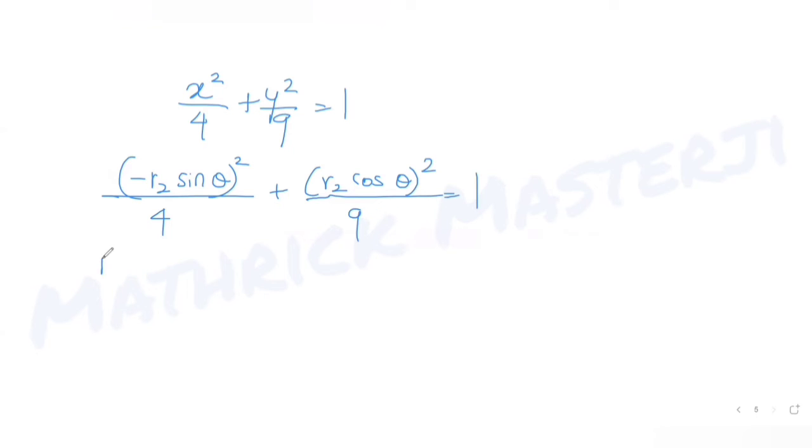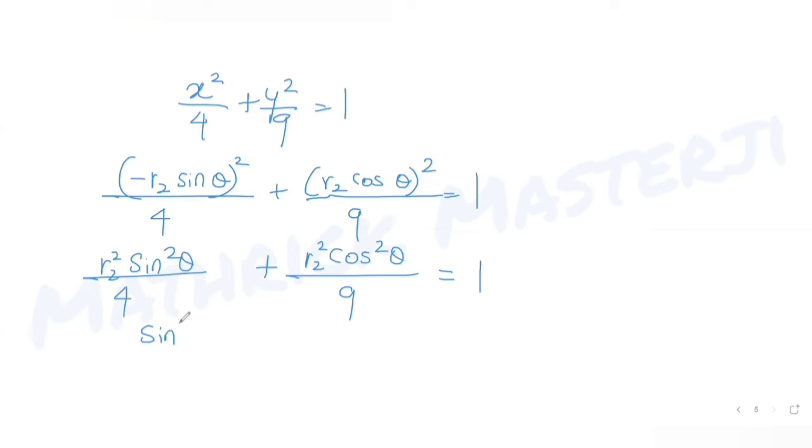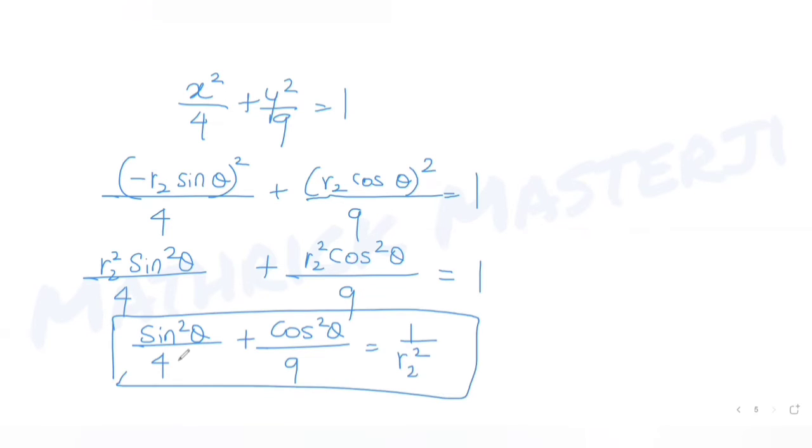So if I square it, I get R2 squared sine square theta divided by 4, plus R2 square cos square theta divided by 9 equals 1. So if I take R2 square common, I get sine square theta divided by 4 plus cos square theta divided by 9, and R2 square, I take it on the other side, becomes 1 over R2 square. So I get this equation also. Let's say this is equation 2.